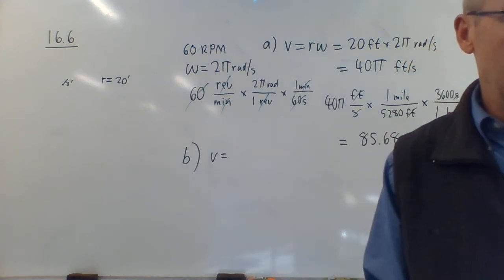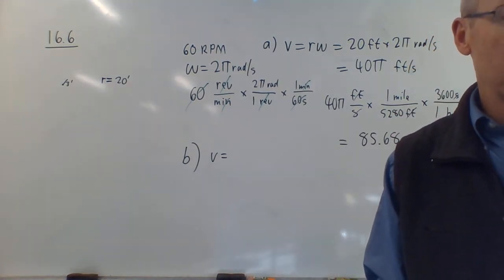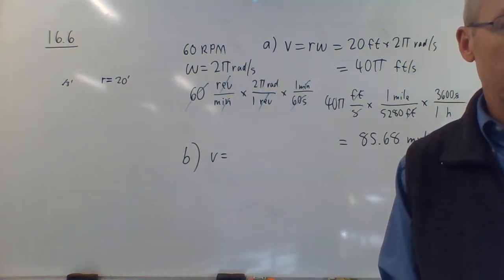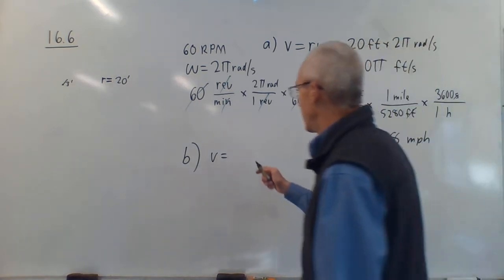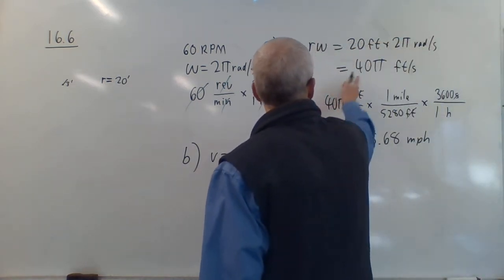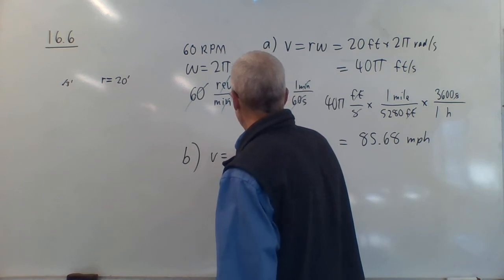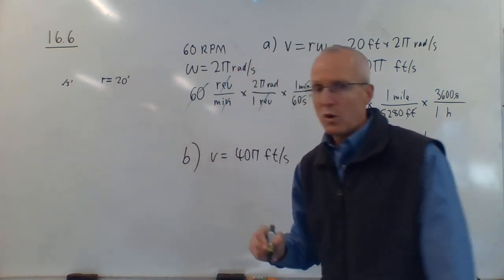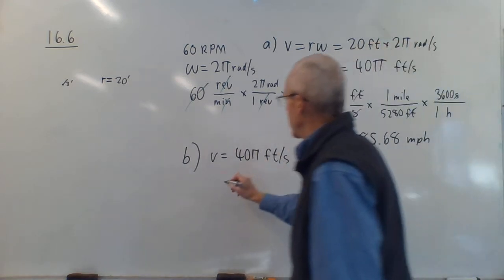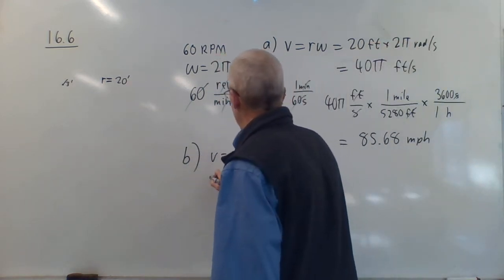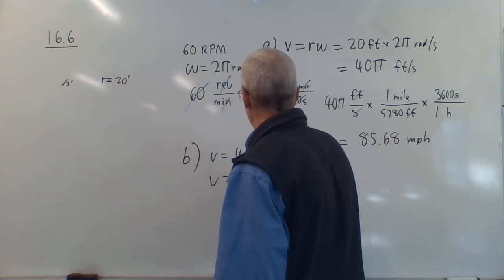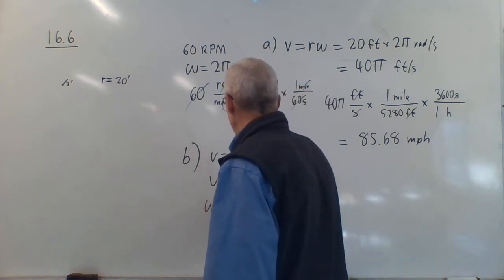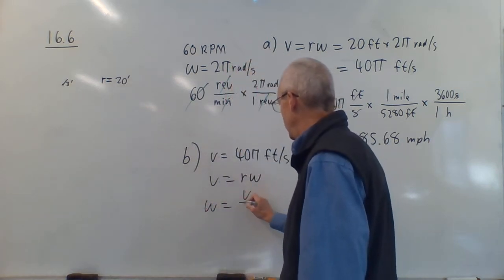We want omega. What is the angular speed of the drive wheel in RPMs? Okay, we know its velocity is 40 pi feet per second. We want omega. We know that the velocity is equal to r omega, so omega is equal to v over r.